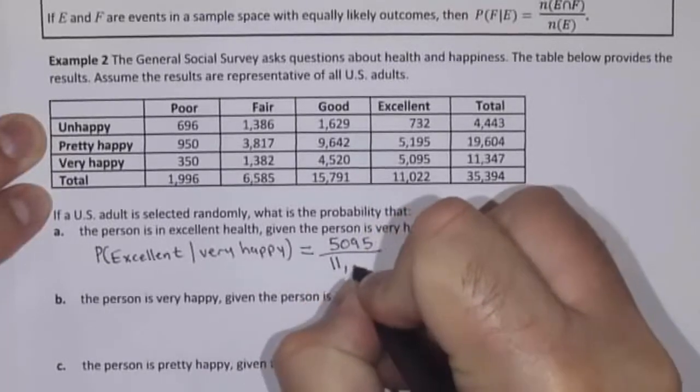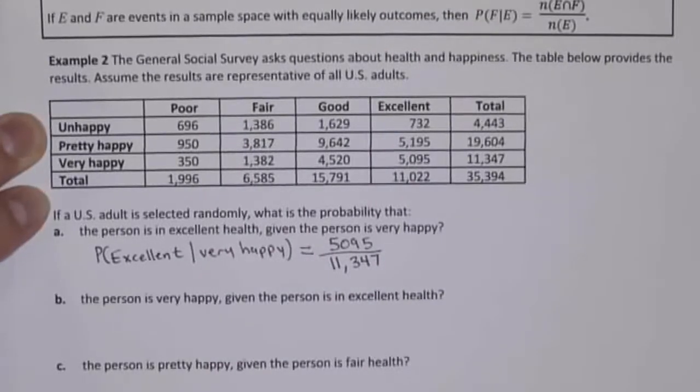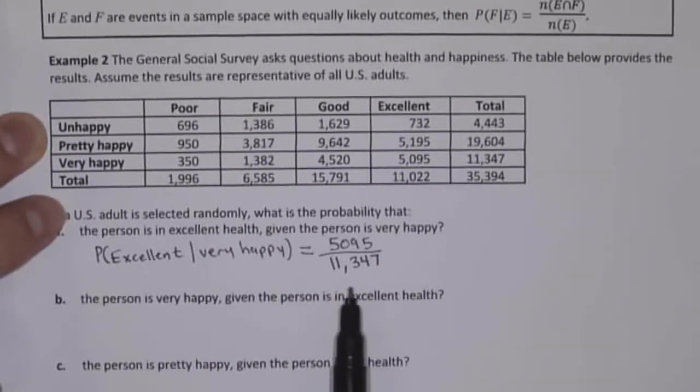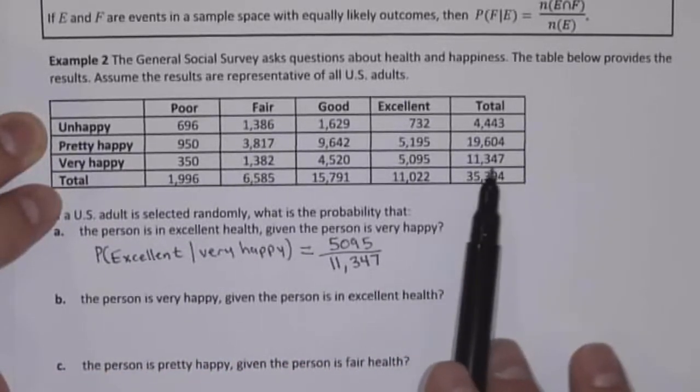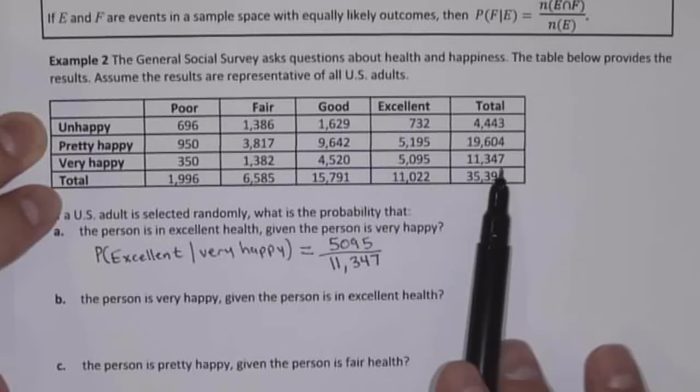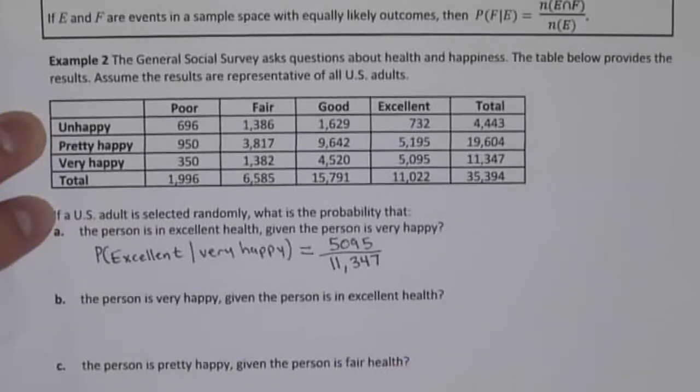So our probability is going to be 5,095 out of the 11,347. Again, that's coming from the fact that we know they're very happy, so we're only interested in these 11,347 individuals that are very happy, and of those, 5,095 are in excellent health.